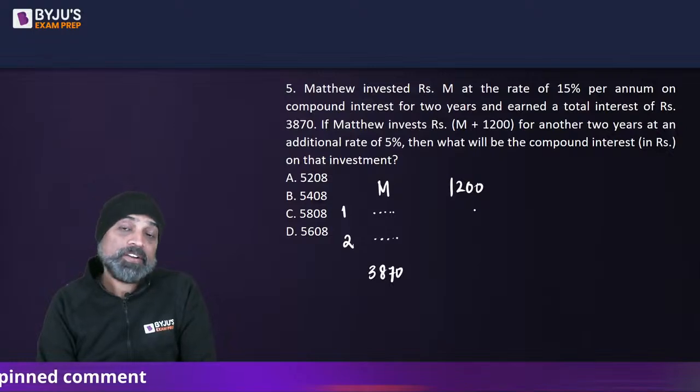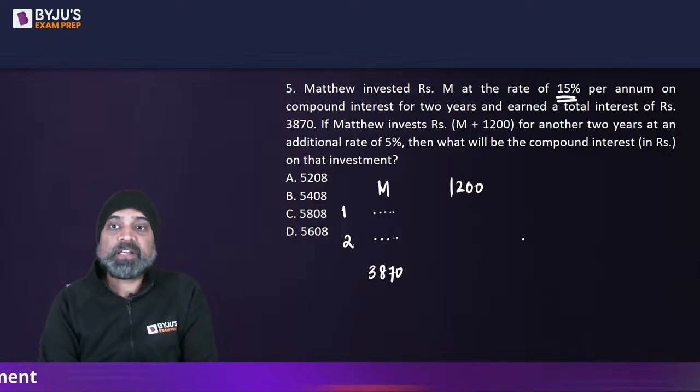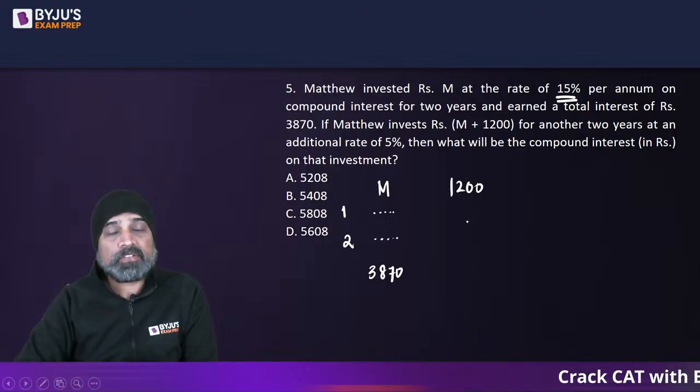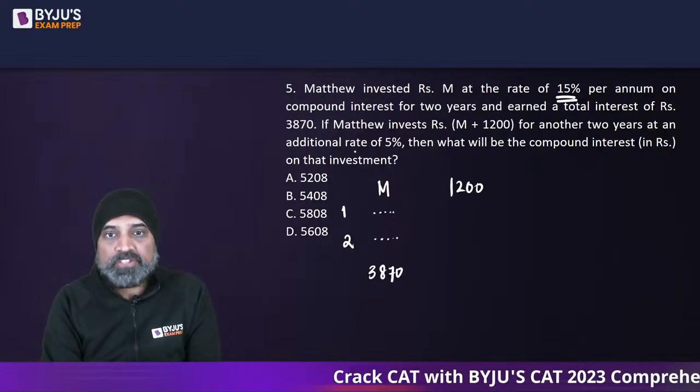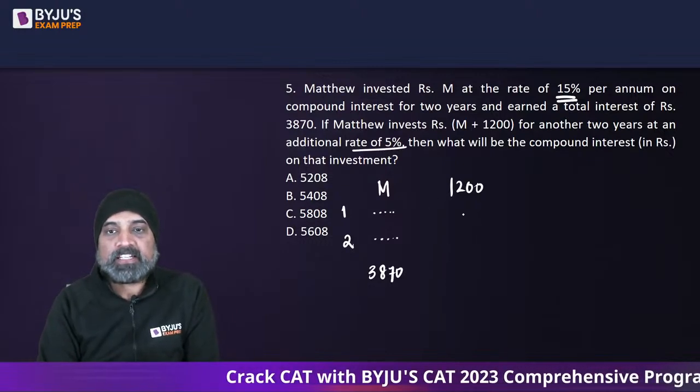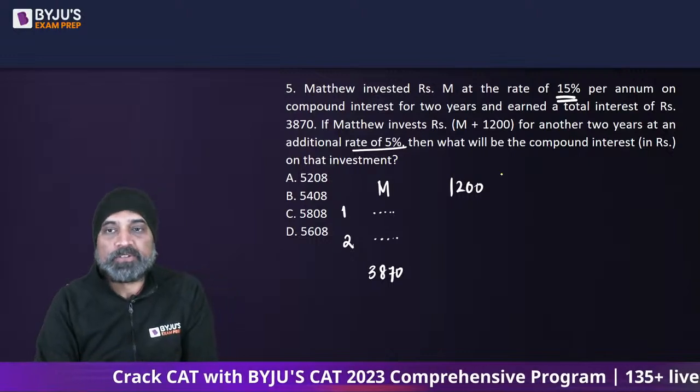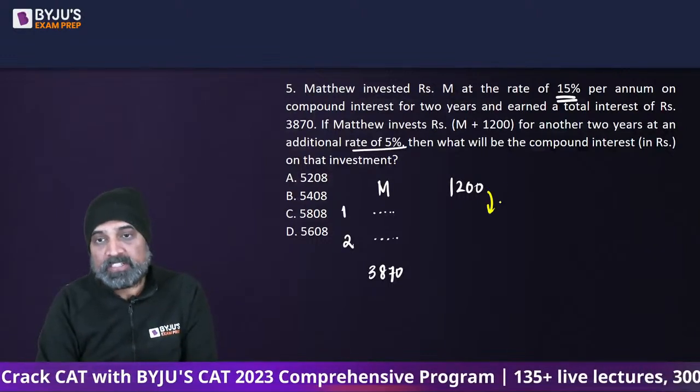Now, this 1,200 at the rate of 15% per annum for 2 years will be further calculated. Now, there is an additional rate of 5%. That means 1,200 is not going to be calculated on only 15%, but rather on 20%.